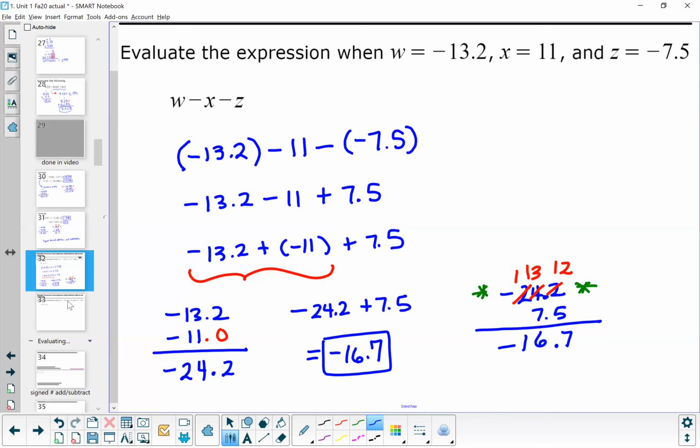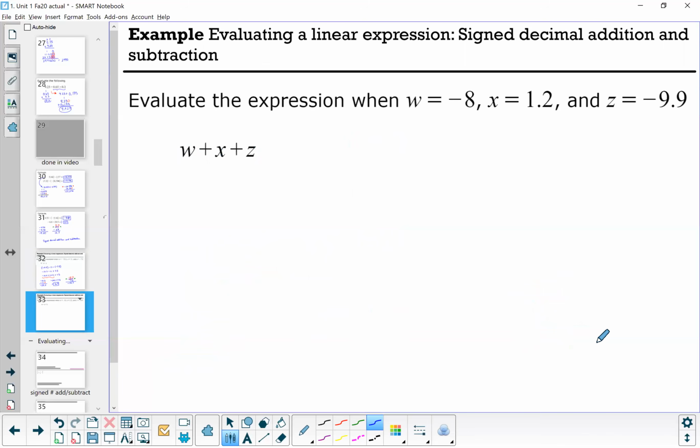Let's try one more just for the practice. So we have the expression here, w plus x plus z. This is actually going to be a little easier because it's all addition, but you want to use the parentheses when you're substituting the negative number. So first we have w, which is negative 8.